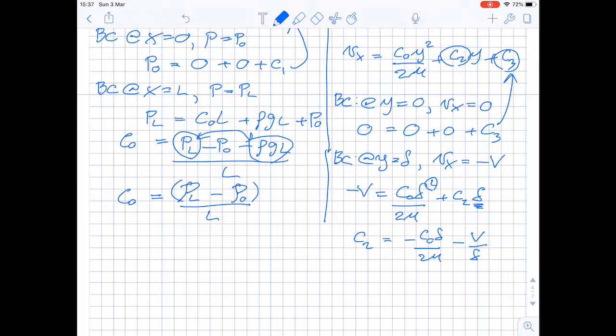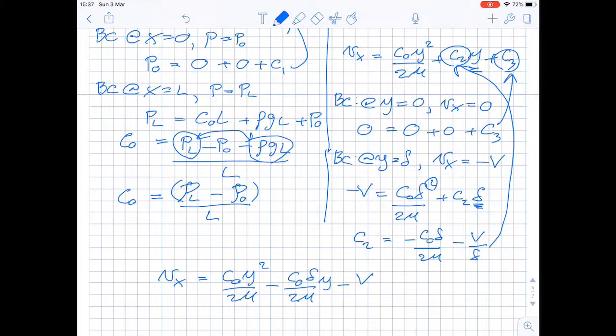So if you plug C2 back here, you eventually get Vx equal to C0 y squared over 2 mu minus C0 delta over 2 mu times y here, minus V times y over delta.